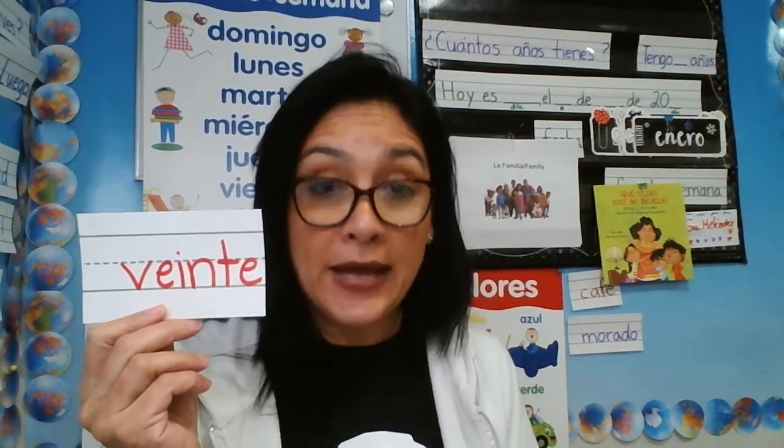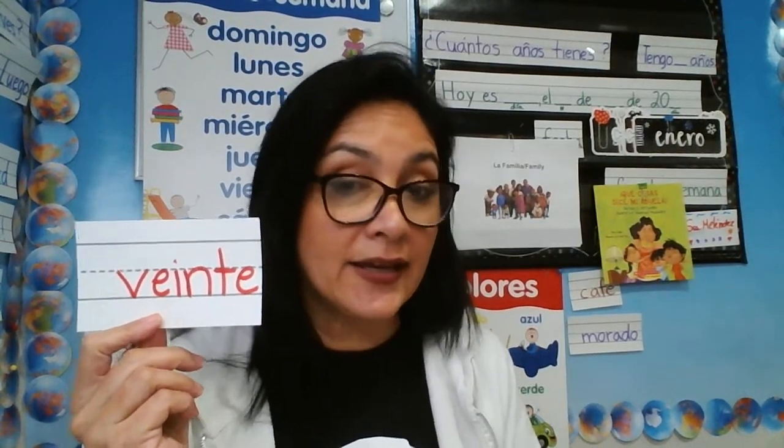Second grade. Second grade, we count past 20, and we start to look at from 20 to 30 and then from 30 to 40, because there is a difference in the way we write our numbers. So for 20, we know that it's 20. Repite, 20.